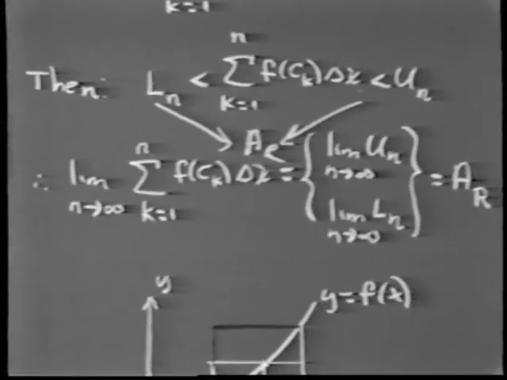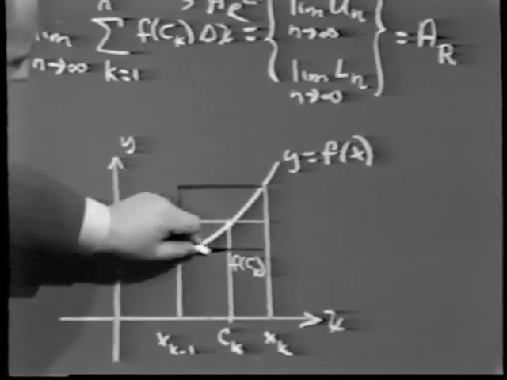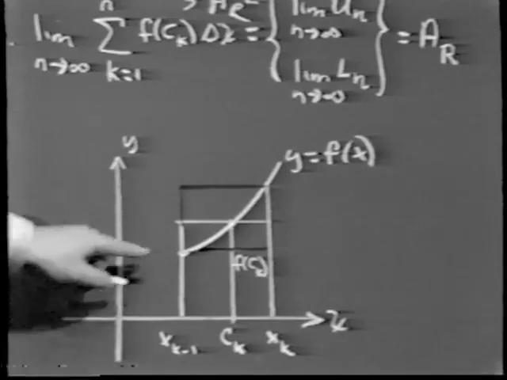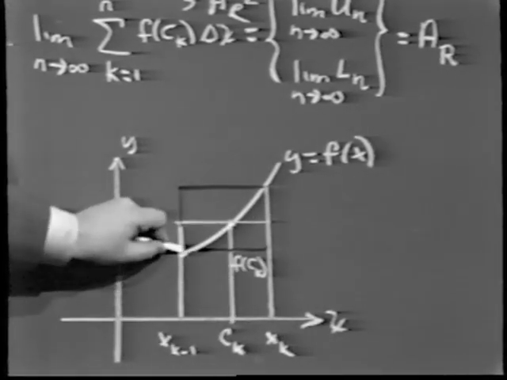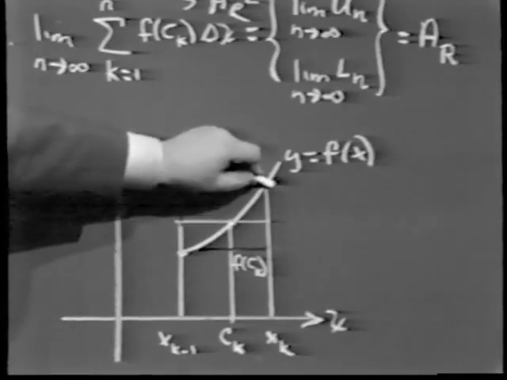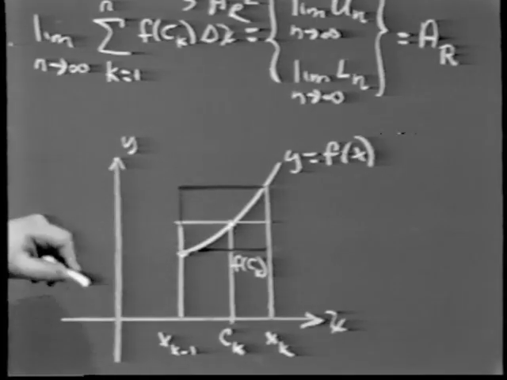And to see this in terms of a picture, all we're saying is that when you pick the lowest point in the interval, you get the rectangle that contributes to L sub n. When you pick the highest point in the interval, you get the rectangle that contributes to U sub n.